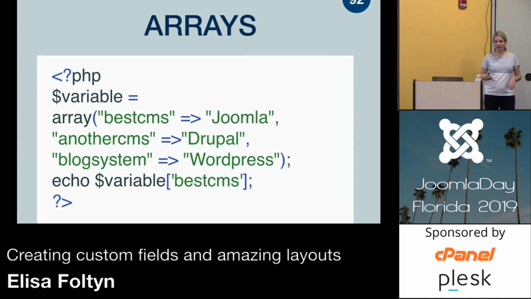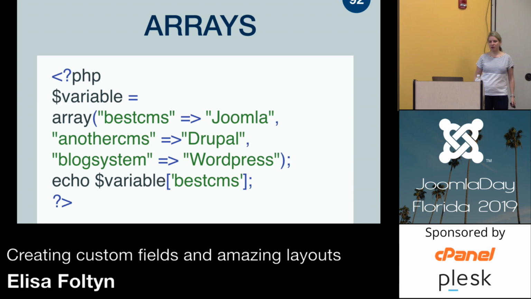They are also called associative arrays, I don't know the pronunciation. So I don't have numbers, but I can say best CMS Joomla, another CMS Drupal, blog system WordPress, and then I echo something like that. So before it was the 0, and now here it's best CMS Joomla.